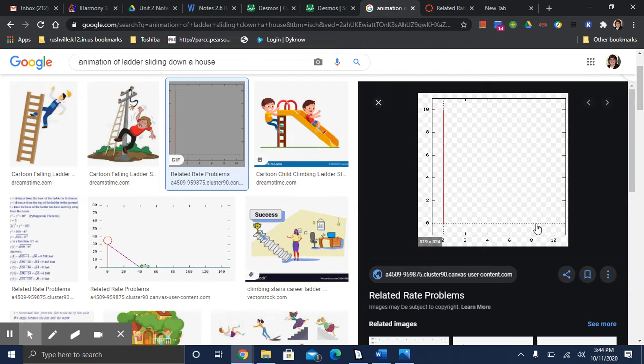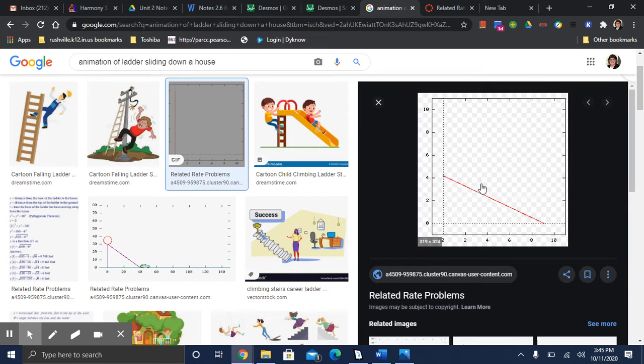What is this rate of change going horizontally? Now, notice that this distance is getting smaller, so this rate of change is going to be a negative. This distance is getting longer, so this rate of change is going to be positive. And the ladder itself, which is in red, is not changing at all.